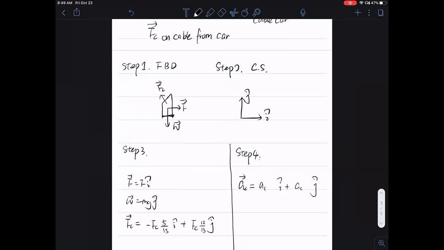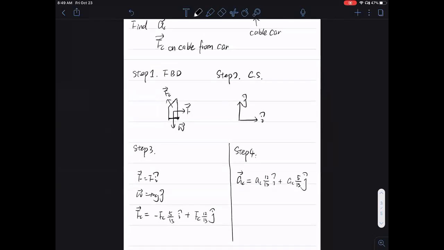And same thing, you want to use that angle to resolve what is on I and J. So on I, we have 12 over 13. On J, we have 5 over 13. Okay, the rest of the work should be easy. Assemble equations, solve for unknowns.